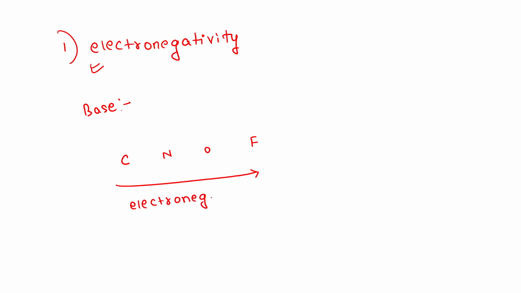If electronegativity is increasing, then basicity would decrease. Why would basicity decrease? Because if any atom has high electronegativity, it will not be able to share its electrons very easily, and hence its basicity will decrease.